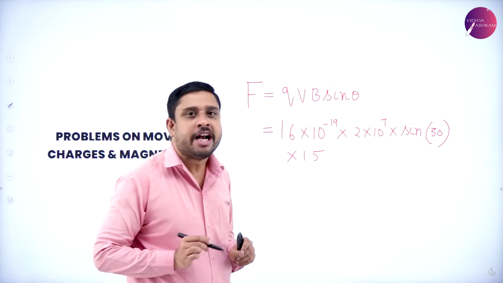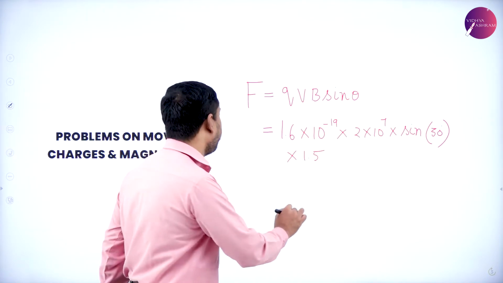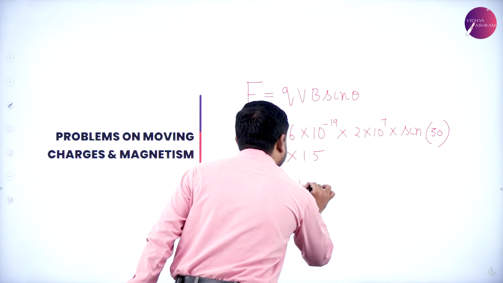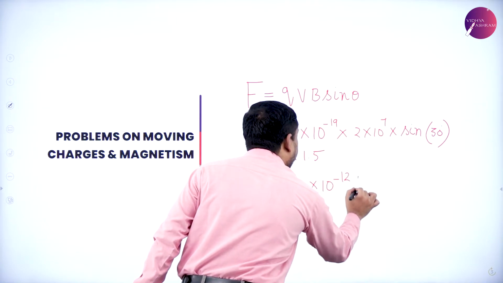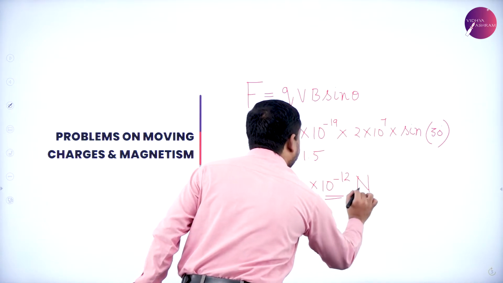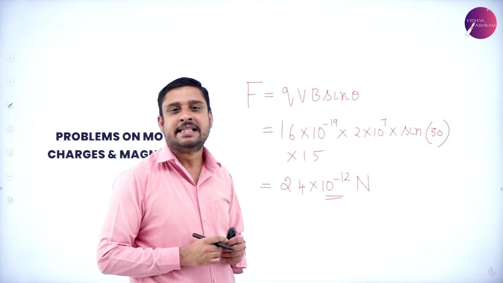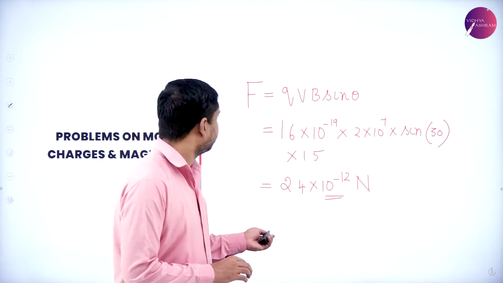B 1.5. Sin 30 is half. On simplification, this turns out to be 2.4 into 10 power minus 12 Newton. Simple simplification. The next one, students.